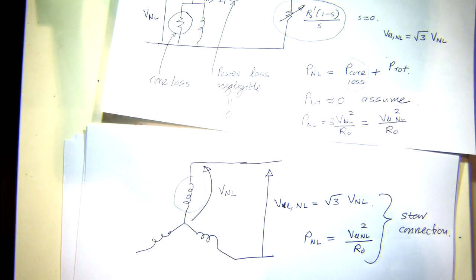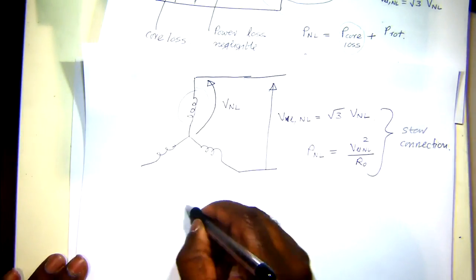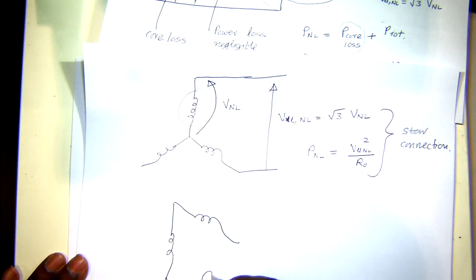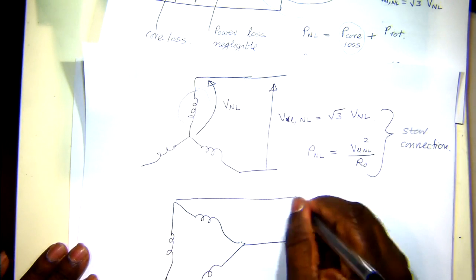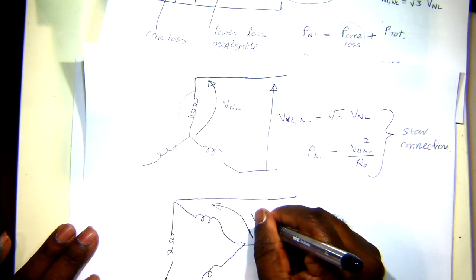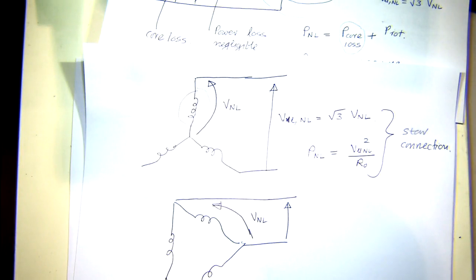If you were to connect the induction machine in delta arrangement, this is the no load voltage you are applying, and the line-to-line voltage will be the same as the no load voltage.